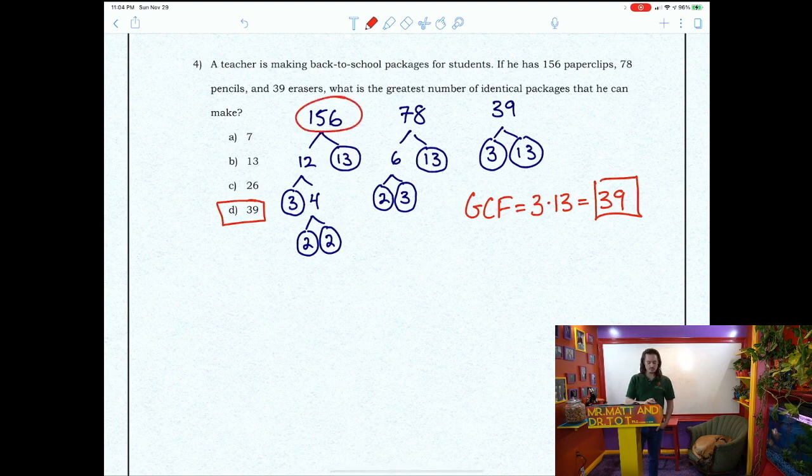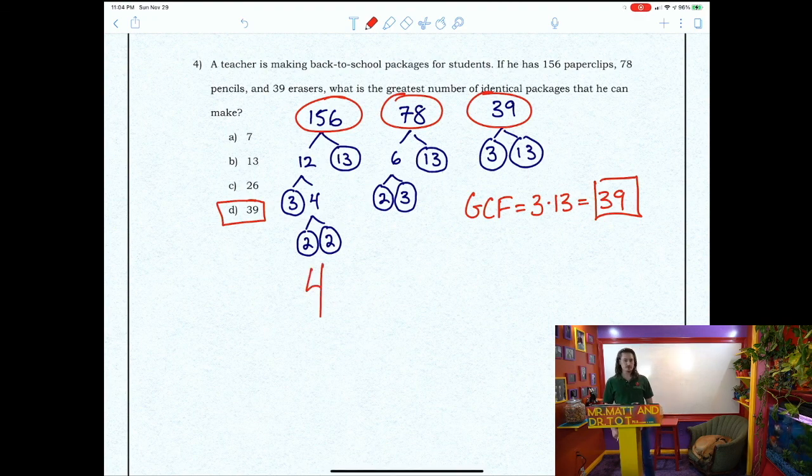So 156 divided by 39 is 4, so there would be 4 paper clips. 78 divided by 39 is 2, so there would be 2 pencils, and 39 divided by 39 is 1. So there would be 4 paper clips, 2 pencils, and 1 eraser in each of the identical packages that the teacher could make.